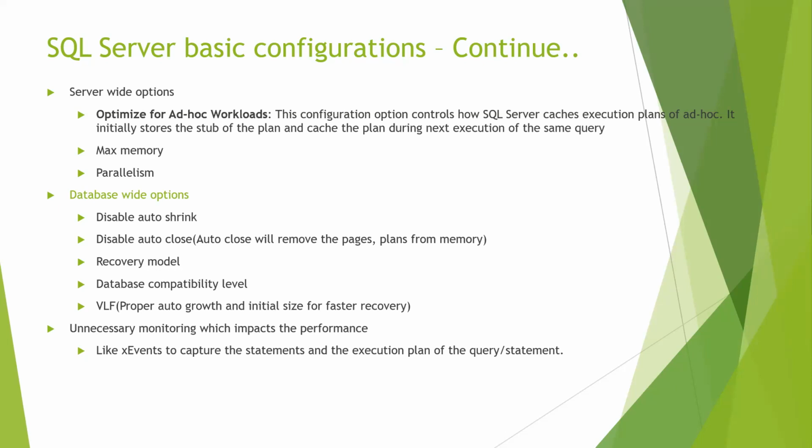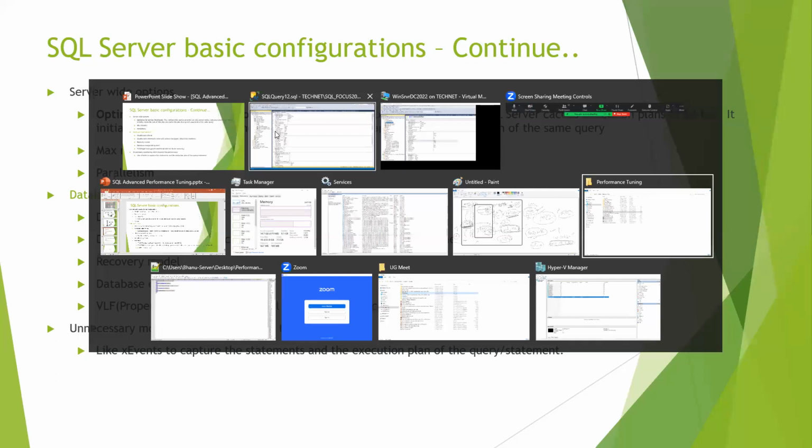That can lead to internal memory pressure within the SQL Server, or to performance issues, because if you increase the plan cache size, indirectly you are reducing the data cache size or buffer pool size, right? So that is the reason if you have a huge ad hoc workload, it is optimal to enable optimizer for ad hoc workload. So what will happen? I'll just mention it at a high level here.